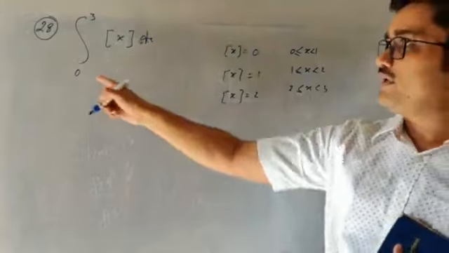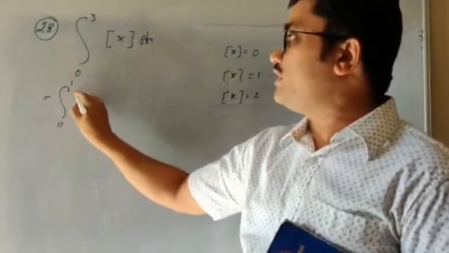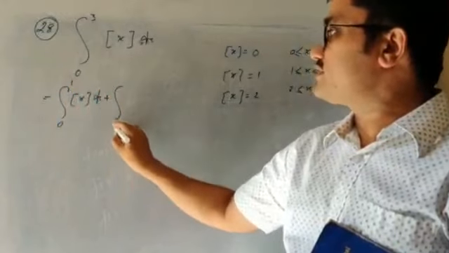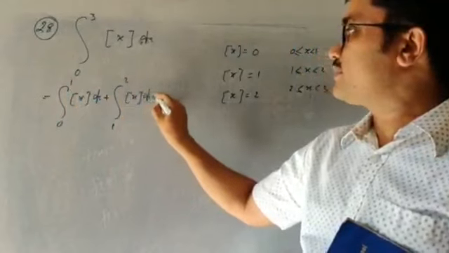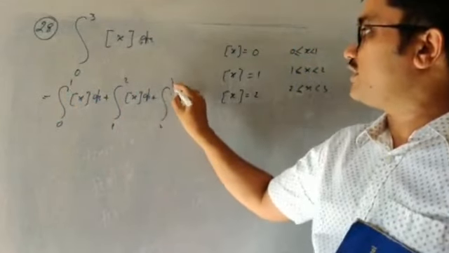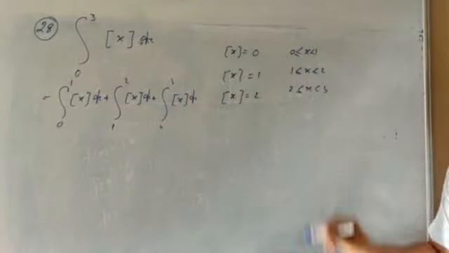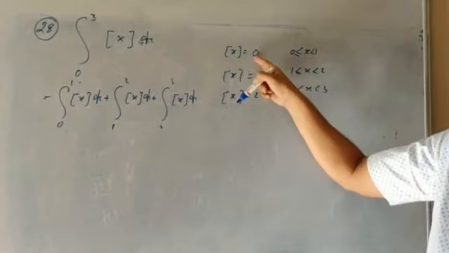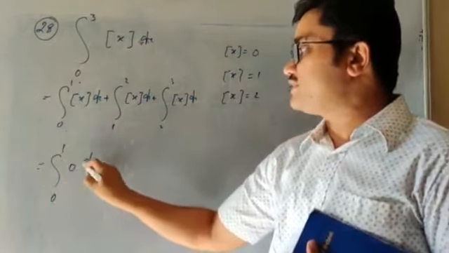And by using the property, from 0 to 3 we can divide this into integration 0 to 1 of integral part of x, plus integration from 1 to 2 of integral part of x, plus integration 2 to 3 of integral part of x. But these values we know. Between 0 to 1, the integral part of x is 0, so the first part is integration 0 to 1 of 0 dx.